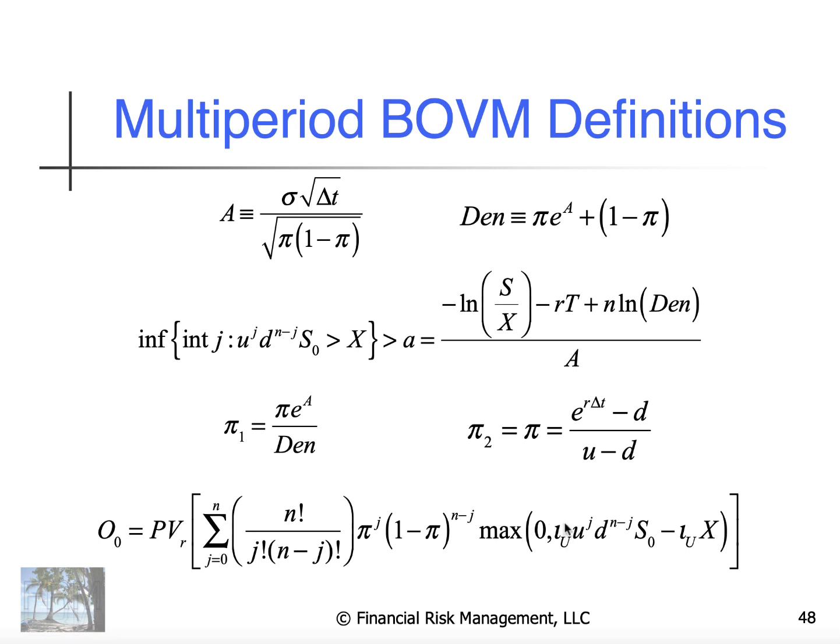Notice the use of the indicator function, so I can do both calls and puts with the same function if I'd like. And then also the probability raised to the j times 1 minus the probability raised to the n minus j. This is the likelihood of a single path arriving at some terminal value.